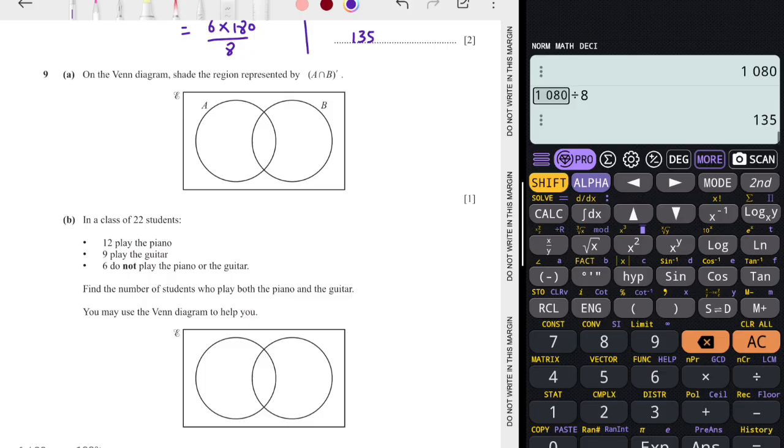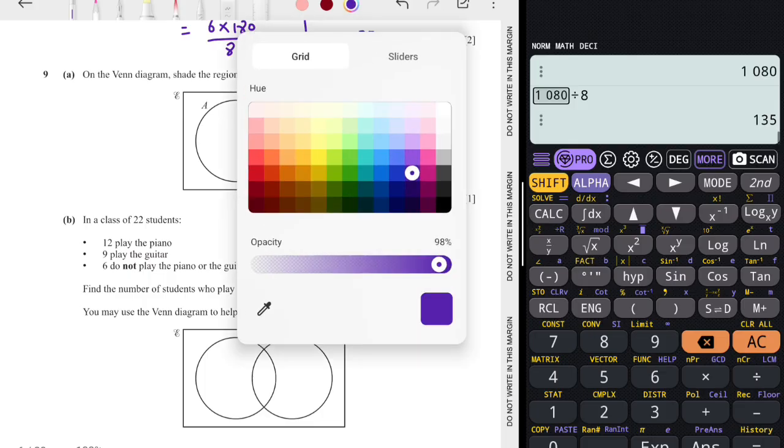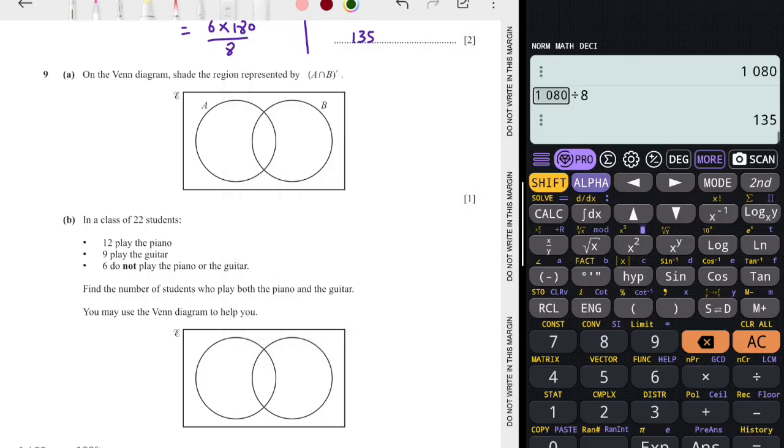That is related with shading. On the Venn diagram, shade the region represented by (A intersection B) whole complement. So we can use a very easy method. We can insert numbers by ourselves, like assume random numbers 1 2 3 4.